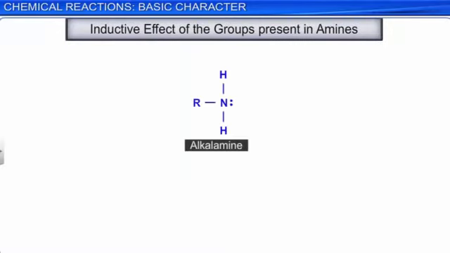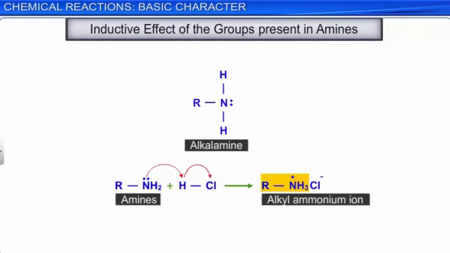Since it tends to donate electrons, an alkyl group R pushes electrons towards the nitrogen atom and thus makes the lone pair of electrons more available to the proton of the acid. Moreover, the alkyl ammonium ion formed from the amine is stabilized due to the dispersal of positive charge by the plus inductive effect of alkyl groups. Hence, alkylamines are stronger bases than ammonia.